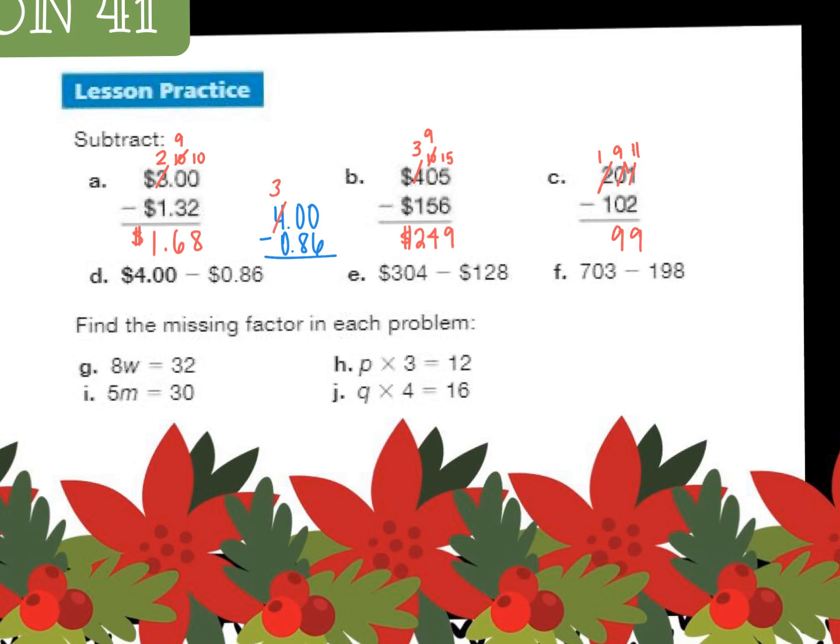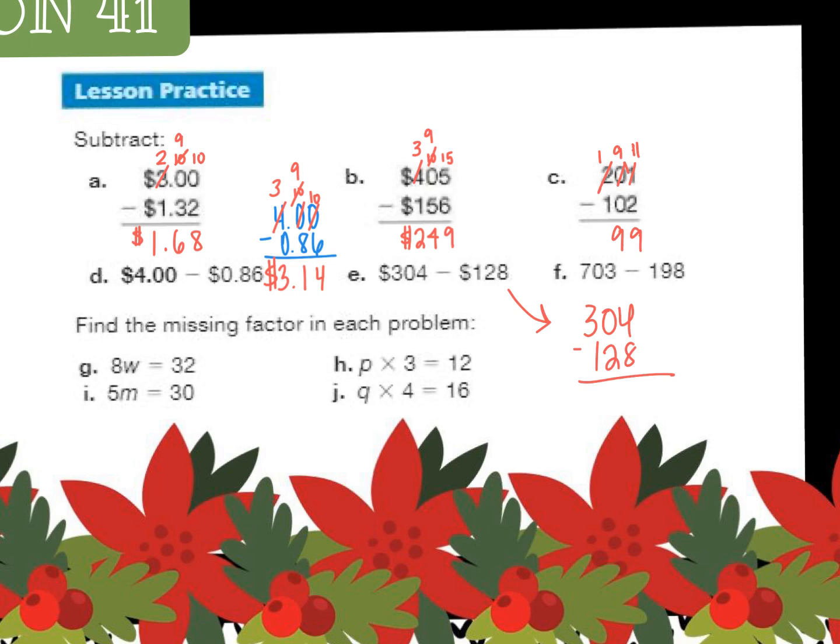Then make the 0 closest to the 4 a 10. Cross out the 10, make it a 9. And then make that other 0 a 10. Okay. And then 10 minus 6 is 4. Then 1, and then 3. Very good. $3.14.